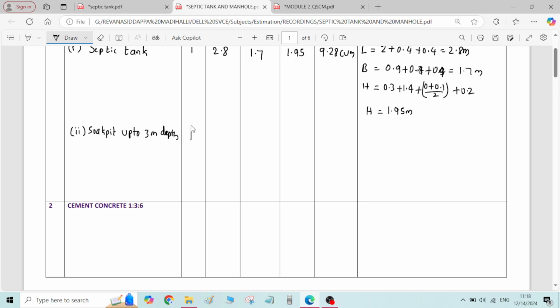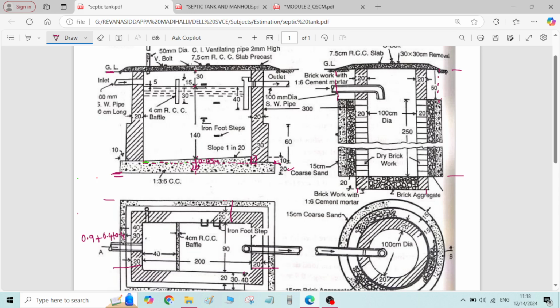Number is 1 only. Okay, first we will see what is the total diameter of the excavation. Total diameter of the excavation means this total length. Inner to inner length is 100 centimeter. Then we have dry brickwork having thickness of 20 centimeter on both sides.